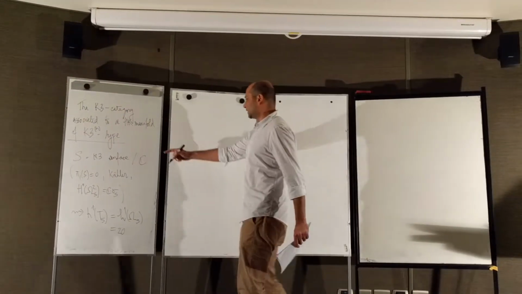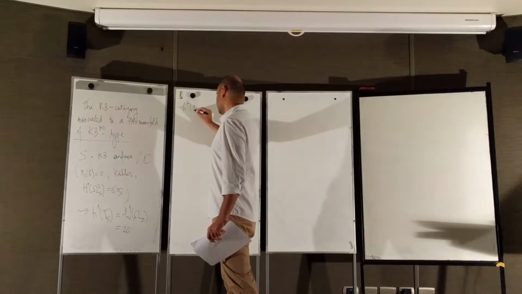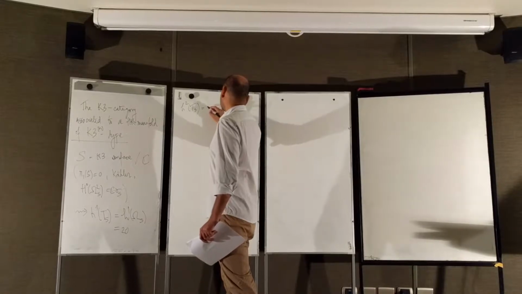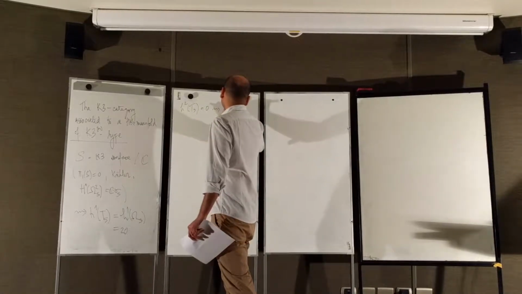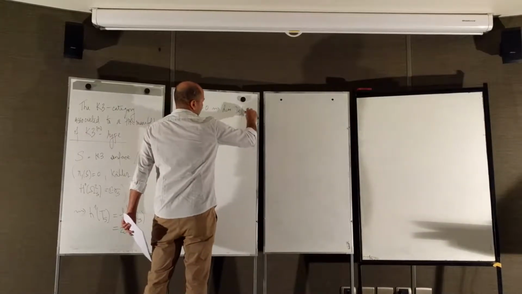And finally, unobstructedness in this case, because H2 of T_S vanishes, same reason, is 0, it follows that the dimension of the Kuranishi space is 20.